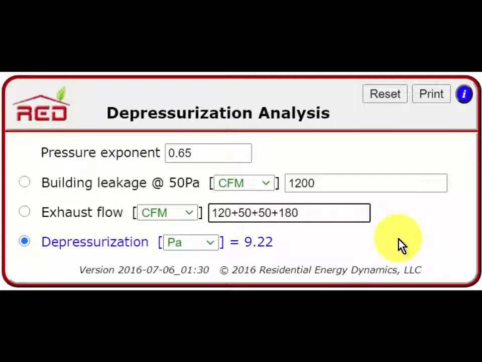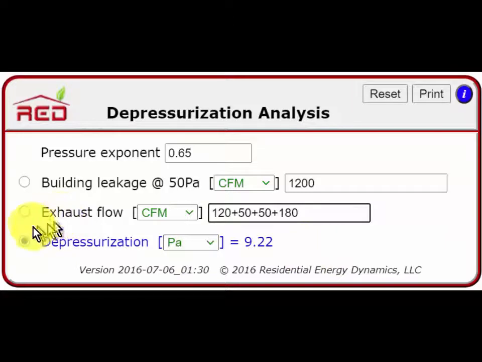This is likely to backdraft a natural draft gas furnace or a natural draft water heater, and I would have to go with a category 3 gas furnace, which has a depressurization limit of negative 15, or a category 4 90 plus gas furnace with a depressurization limit of a negative 25.